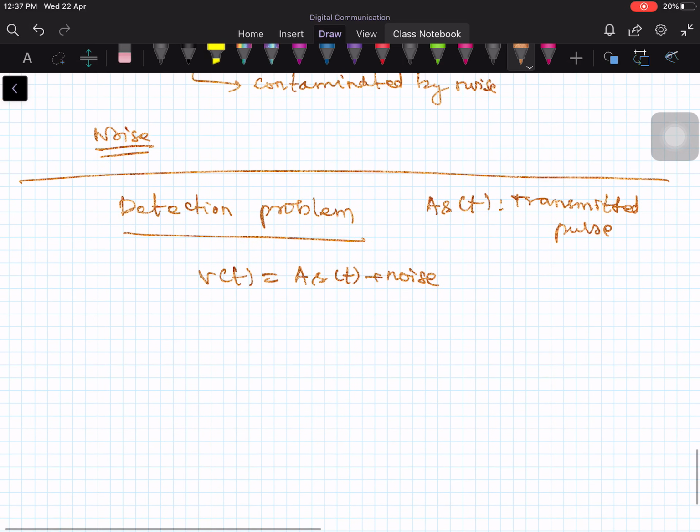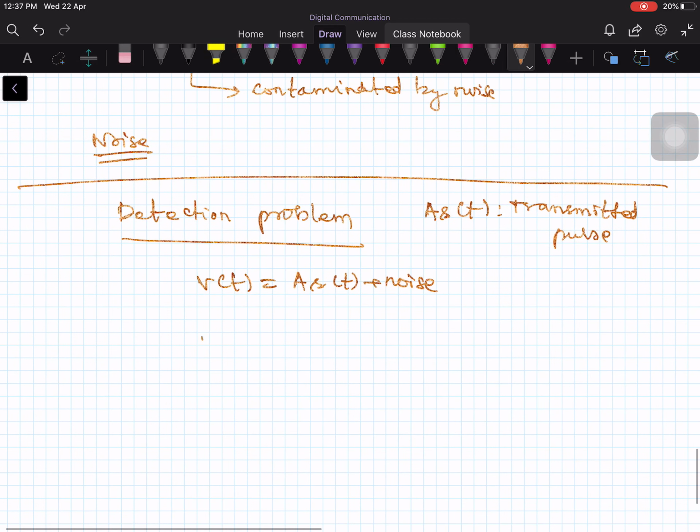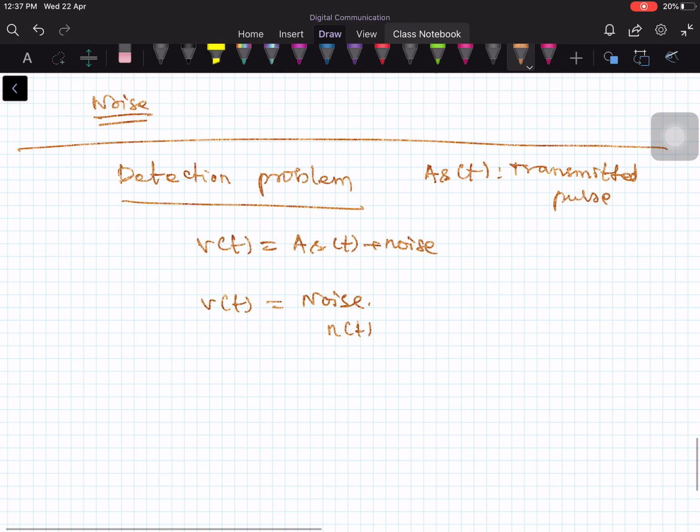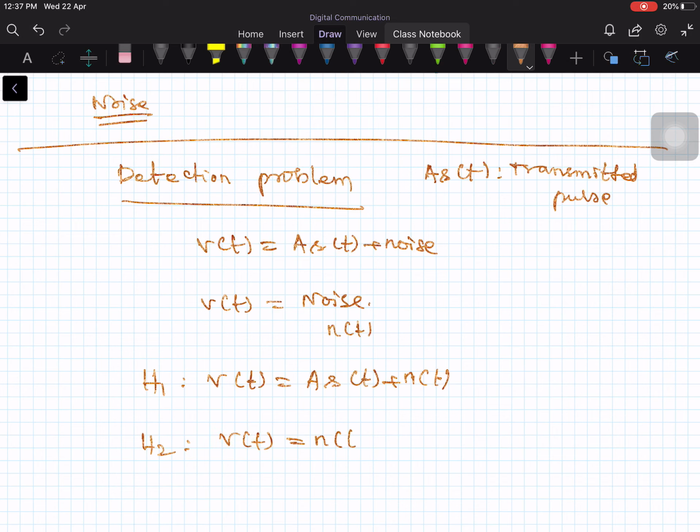Or sometimes you will get only noise alone. Sometimes it can have only noise. Let me denote this noise by N of t. We are really doing a hypothesis test here with two possible hypotheses. Let me call hypothesis H1: V of t is a noisy version of the received pulse, A times S of t plus noise N of t, and hypothesis H2: V of t is equal to only noise.